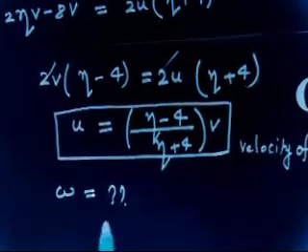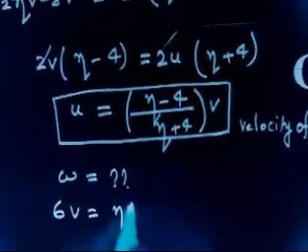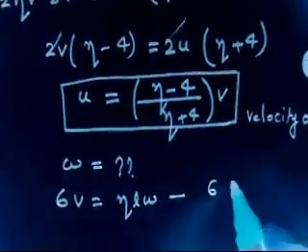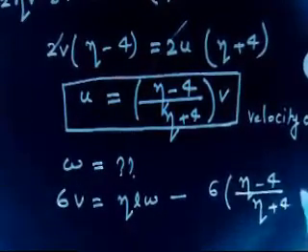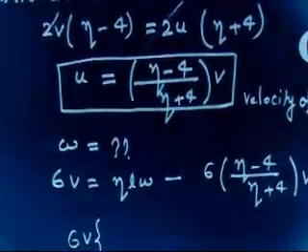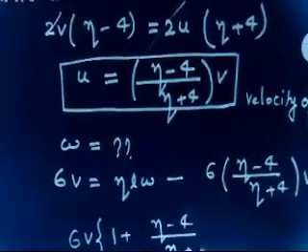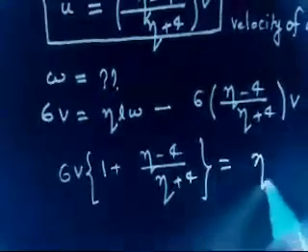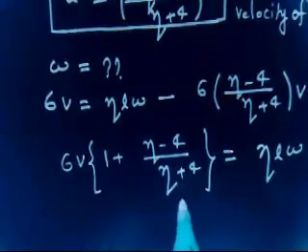You have the second equation, that is 6v equals eta L omega minus 6u. So 6u will be 6 times u, and I know u is (eta minus 4) divided by (eta plus 4) into v. This comes to this side, so I can take 6v common. So this will be 1 plus (eta minus 4) divided by (eta plus 4) equals eta L omega by 6v. Now eta plus 4 and eta minus 4, so we will have 2 eta on the top.